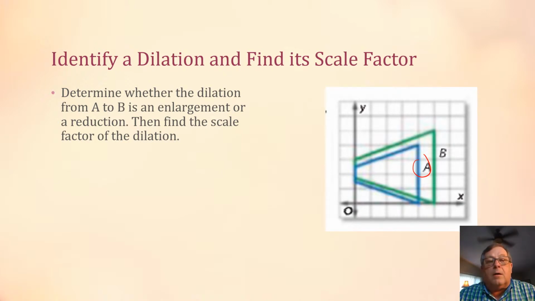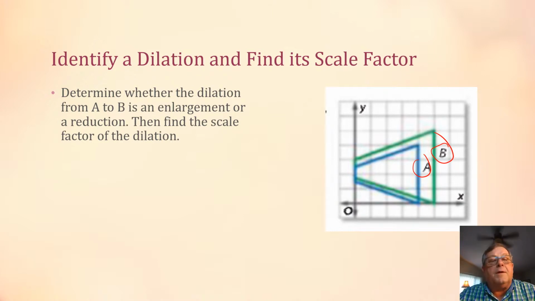That would actually be our original object or our pre-image, and then this object designated as B is our image.